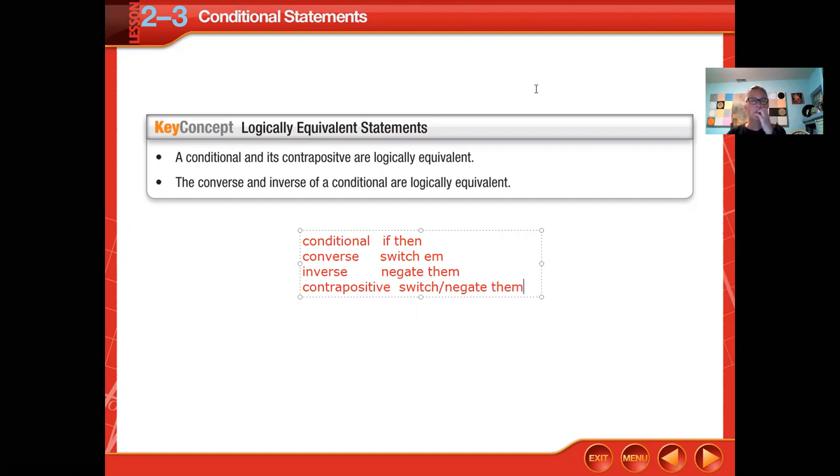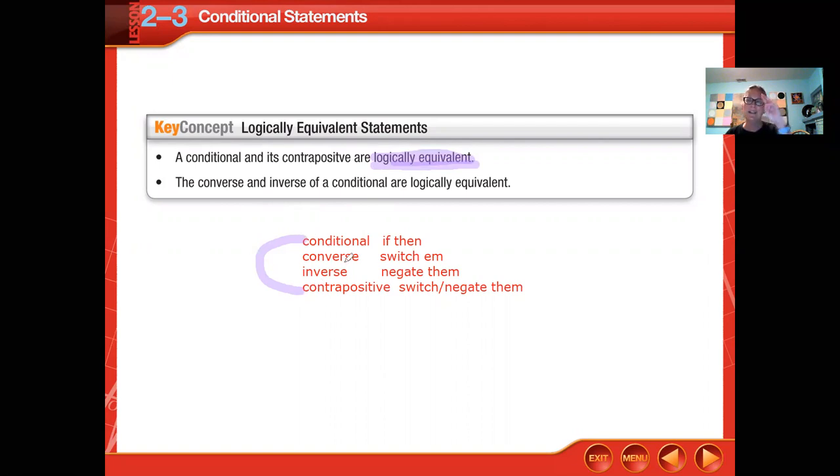The cool thing is that the conditional and the contrapositive will always have the same truth value. That's what logically equivalent means. If this one's true, then this one's going to be true. If this one's false, then this one's going to be false.